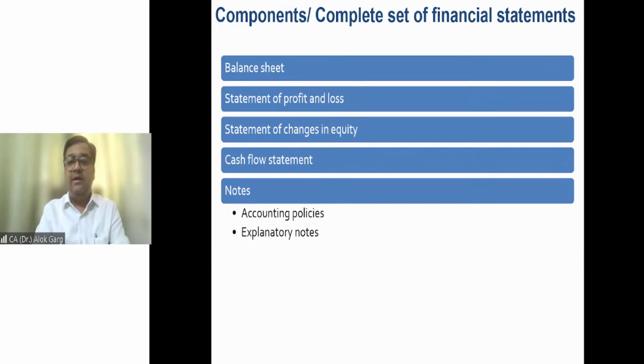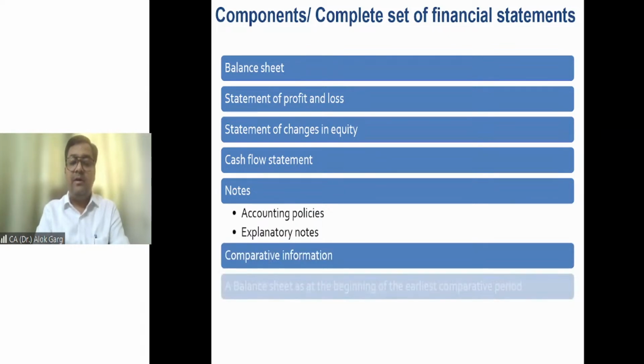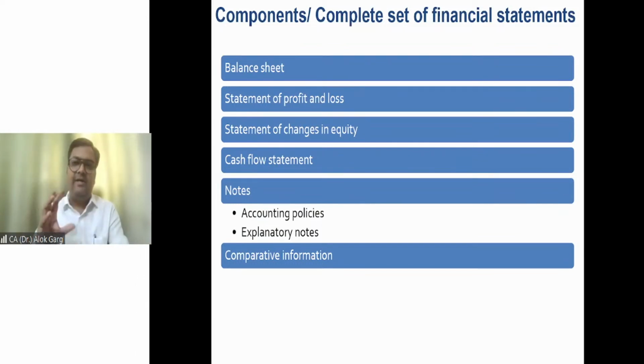Then explanatory notes like the breakup of the balance sheet, or I would say schedules of the balance sheet, schedules of the P&L, and other quantitative and qualitative disclosures like related party disclosures, contingent liability disclosure, capital commitment disclosures, segment reporting disclosure, actuarial related disclosures. Okay. Then, of course, there is comparative information in the entire set of financial statements. At least 1 year comparative is required to be given.